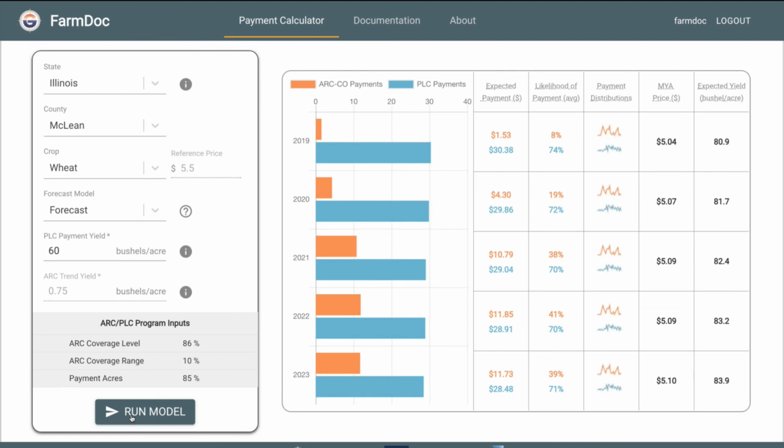But it's the landowner that makes the decision on payment yields. And you can always remember this because the decision that sticks with the land, regardless of who the operator is, is the one the landlord makes. So the operator can have authority to do this, but it stays with that acreage, right? You're changing the program record for that acreage going forward.